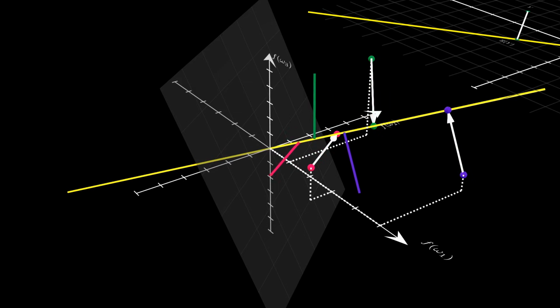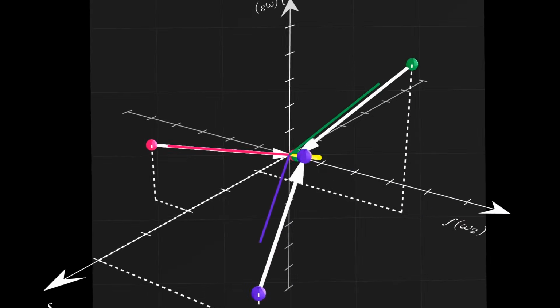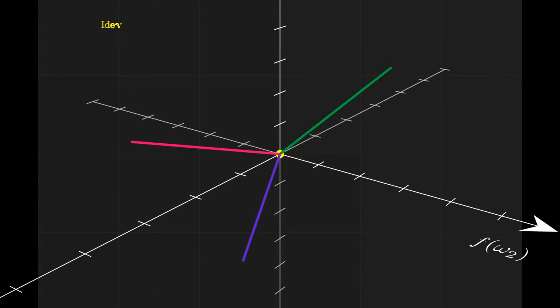Intuitively, the covariance of two random variables describes whether they vary in a similar fashion. And since the variation of a random variable is captured by its residual, we can compare the variation of two random variables by comparing their residuals, where I will focus on these two here.